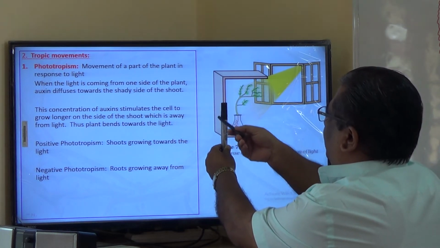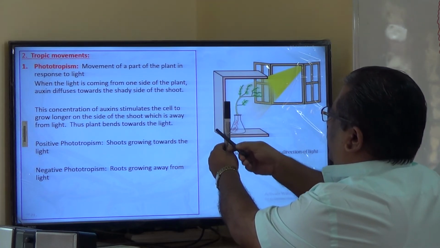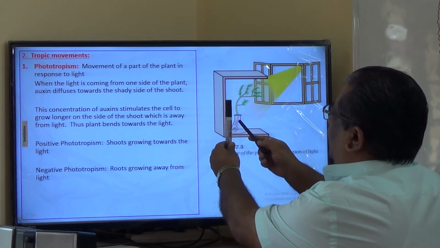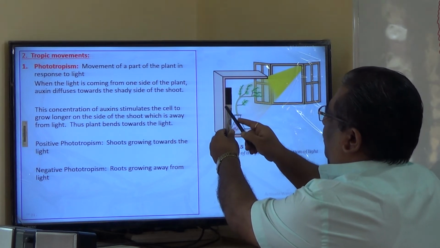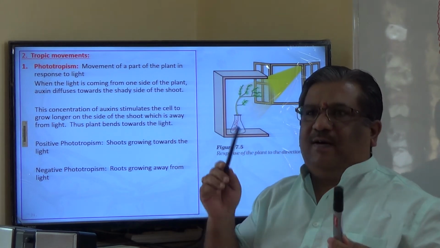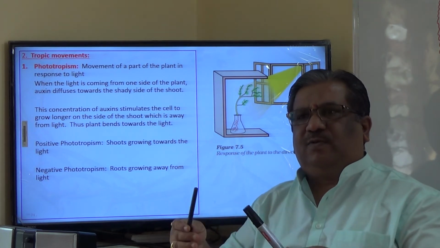This part of the stem is the shaded region. So there is a plant hormone present in the stem called auxin. That auxin diffuses towards the shady part because it is light repellent. If light falls on the auxin chemical, it will try to move towards the shady region.